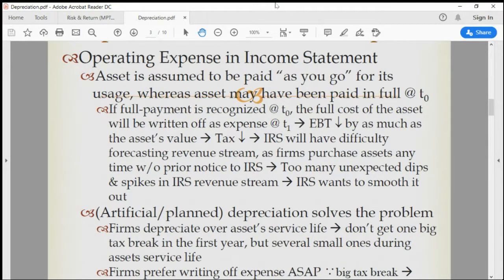It's not just reflecting the declining value of the assets, but also making the businesses write off the expenses for capital purchases not all at once, but by spreading it over an extended period of time.